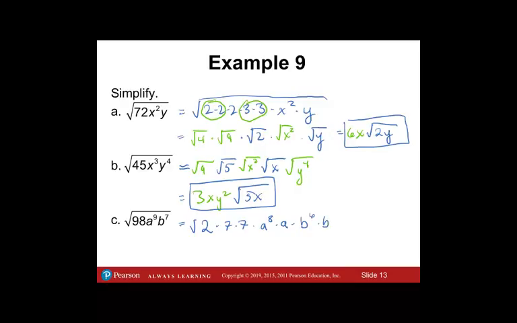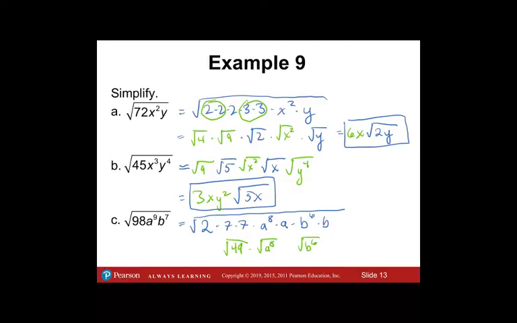We want to take the square root of all of that. So then this is going to become the square root of 49 times the square root of a to the power of 8, and the square root of b to the power 6.